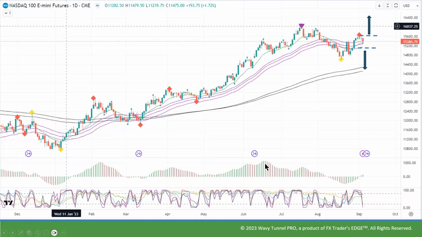We do have a peak in the awesome oscillator and then a lower peak here. So we can call this a wave 3 of 3 and a wave 5 of 3 if we want, based on the awesome oscillator. And then look what happens. We move down. We can call this a wave A, and we can call this a 3-wave B wave move, looking for a third leg down to the tunnel.